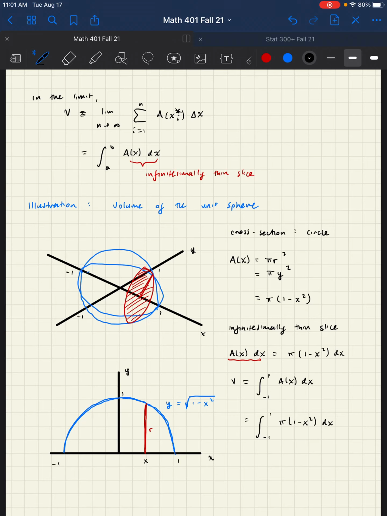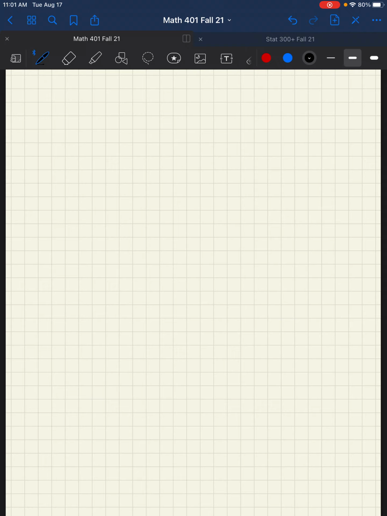All right, now we will go into the calculation on the next page, okay? So I'm going to write it again for the sake of completeness, making sure that you don't get lost here. All right, so remember, the pi can just come out. That's not a problem.